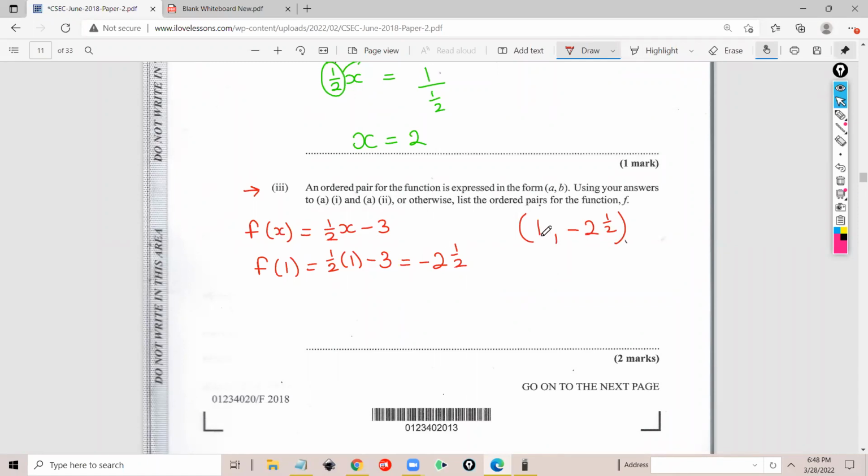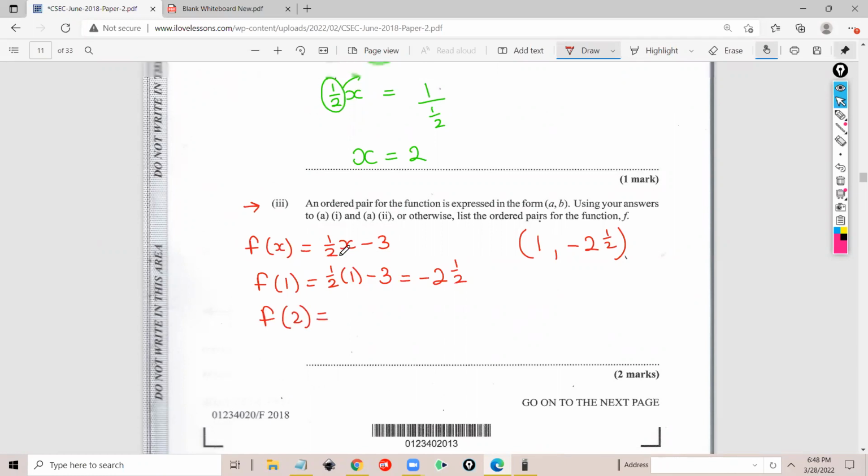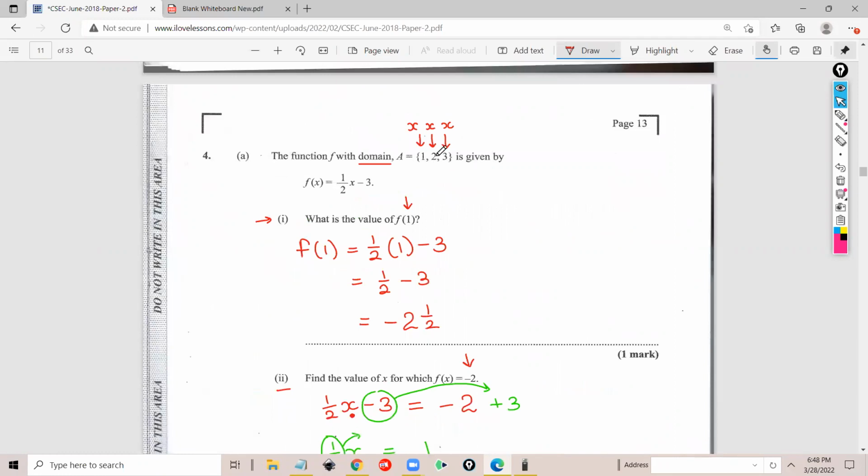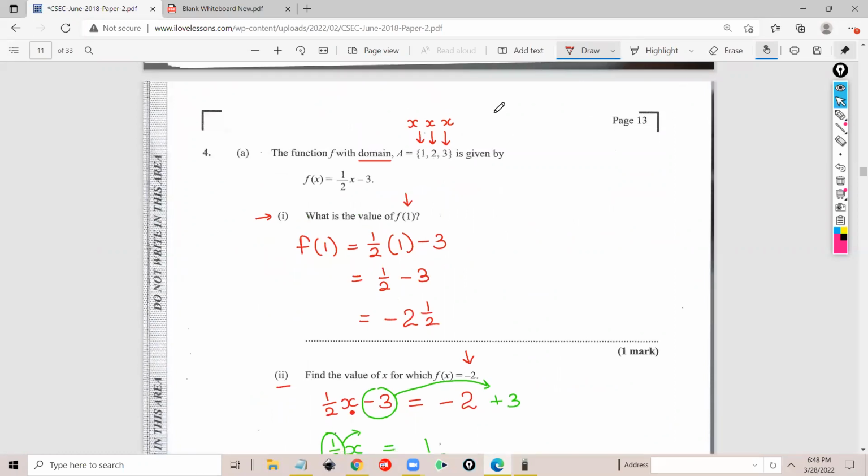So you're putting the corresponding values next to each other in brackets separated by what? A comma. But the x goes first and the corresponding value goes after. So you have to find f(2) now, because 2 is another OK value, and then you're going to do 3, right?